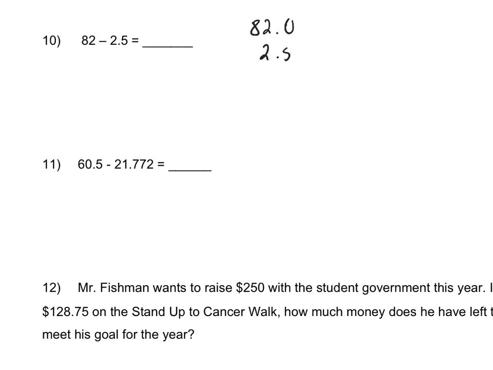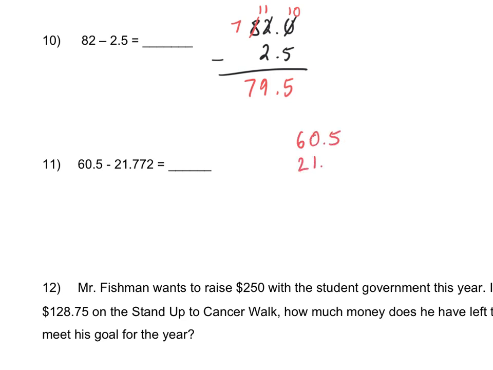Minus 2.5. I can't do that subtraction, so I'm going to come next door here. Now when I subtract, again, I need to regroup. And I get 79.5.